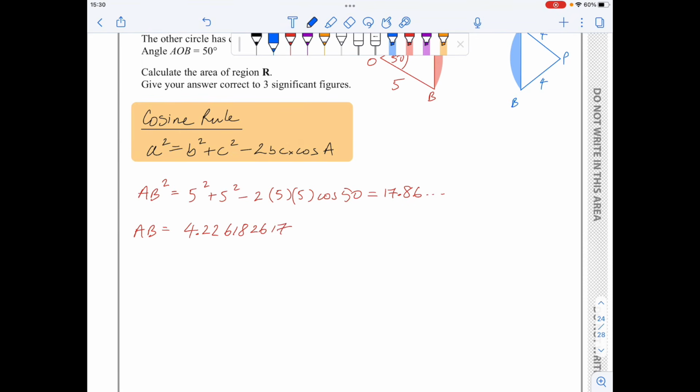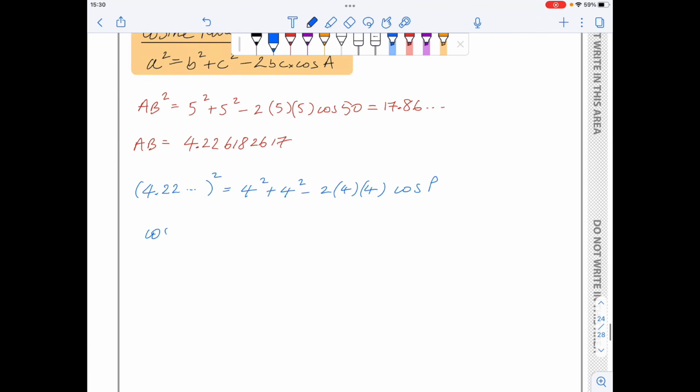So now using the blue triangle, I will get 4.2 dot dot dot squared equals 4 squared plus 4 squared minus 2 times 4 times 4 cos of angle P. Now if I rearrange, cos of P will be 4.22 and so on squared minus 4 squared, divided by minus 2 times 4 times 4.